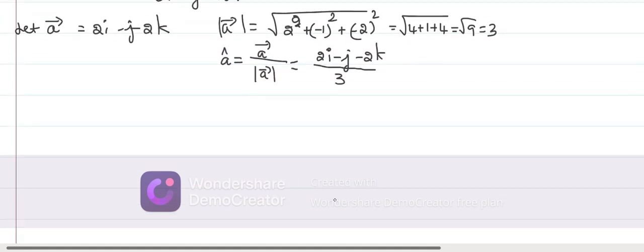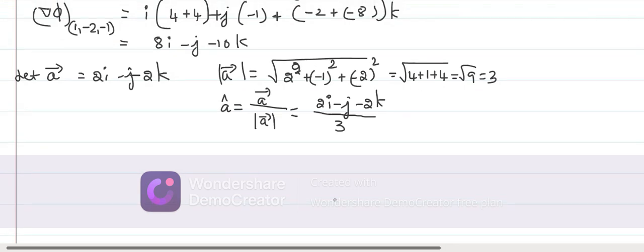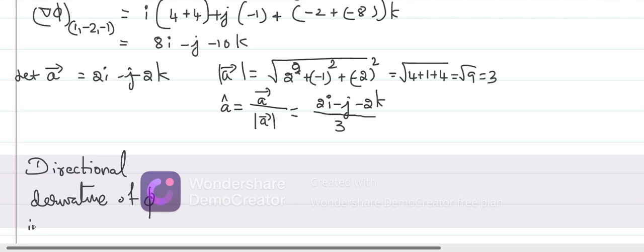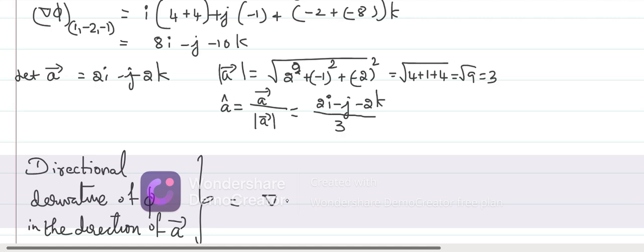So now we can calculate the directional derivative of the scalar function phi in the direction of the vector A, that is equal to what? The gradient of phi into A cap, right?